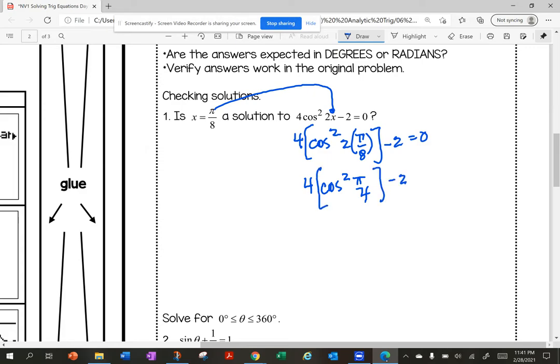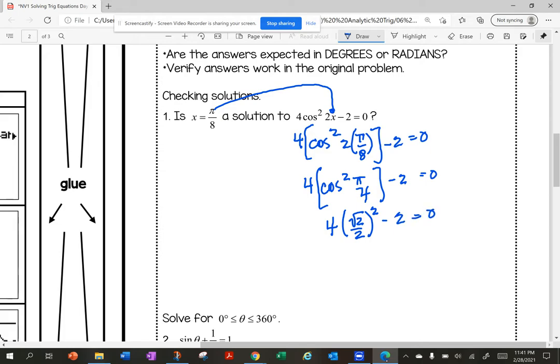So 4 cosine squared pi over 4 minus 2 equals 0. From my unit circle, I know that the cosine of pi over 4 is the square root of 2 over 2. So this is 4 times the square root of 2 divided by 2, quantity squared, because cosine squared, minus 2 equals 0.